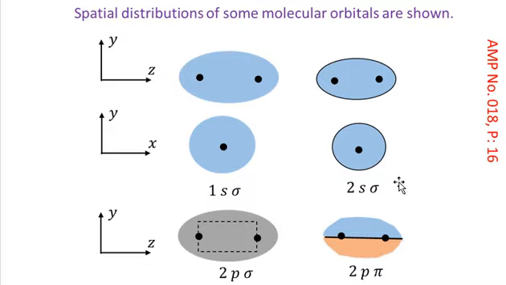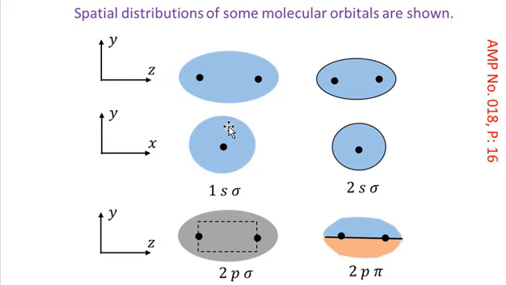And this is the cross section of the ellipsoid on the YZ plane. So this is the 2s sigma orbital, and these two are the 1s sigma orbitals.